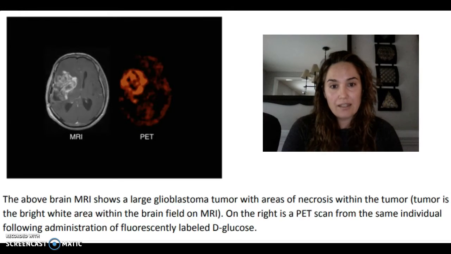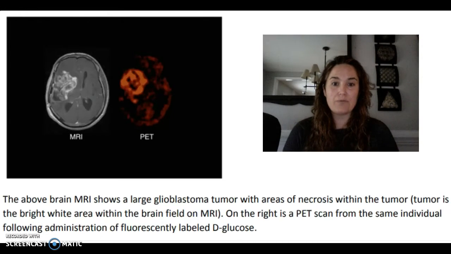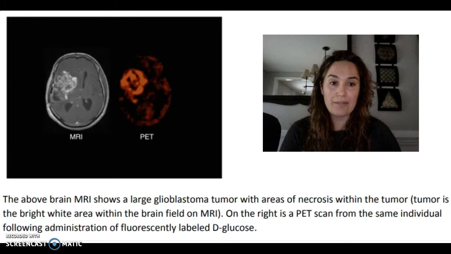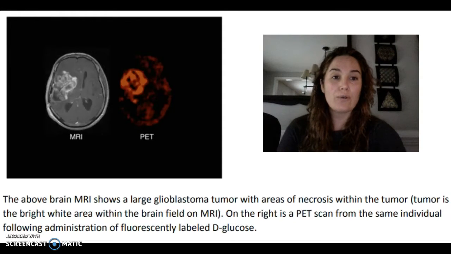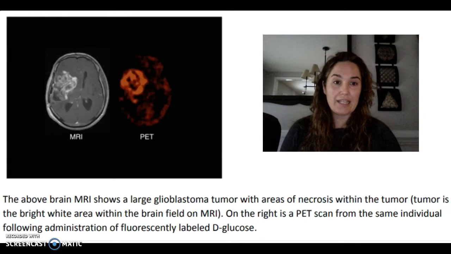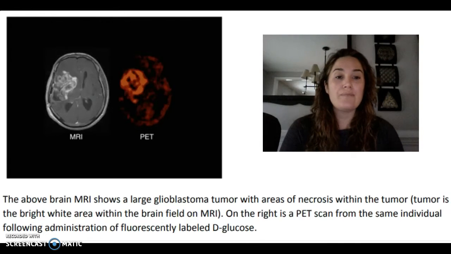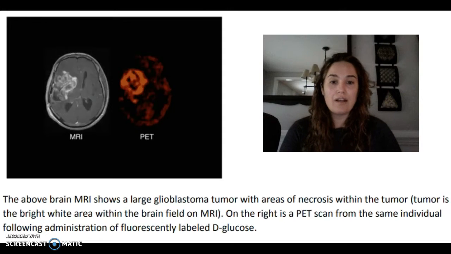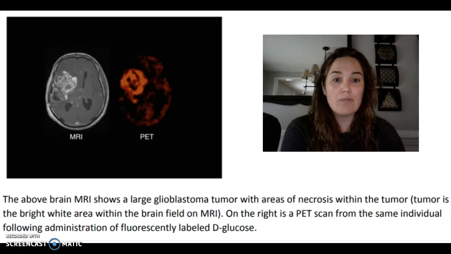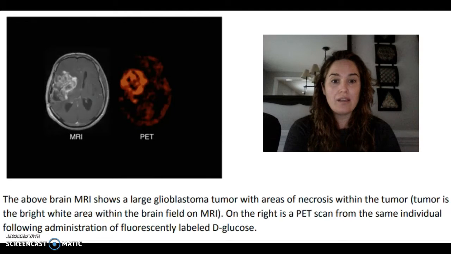To begin addressing these questions, we must first assess the following. In normal tissue, how is glucose uptake regulated in the following tissues? We're going to be looking at the liver, skeletal muscle, brain, and adipose tissues. To start out with the liver, glucose uptake happens via GLUT2, which is an insulin-independent function.